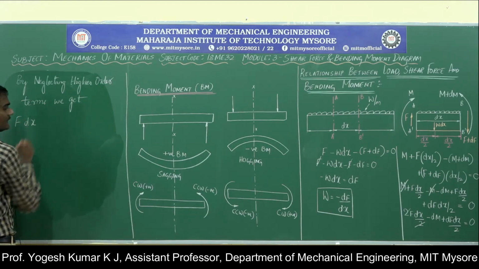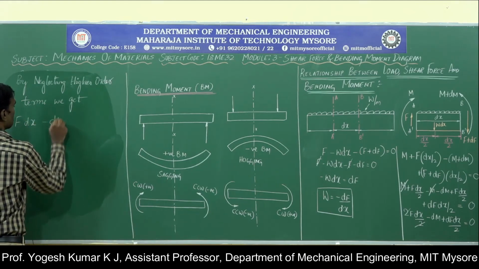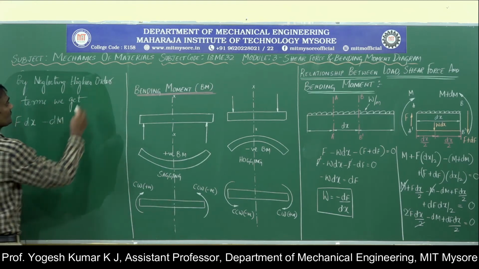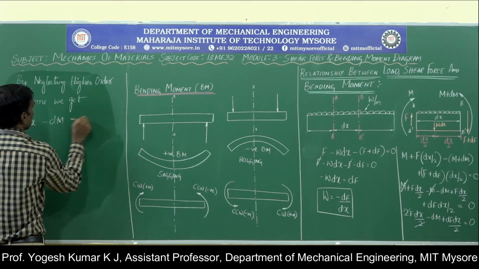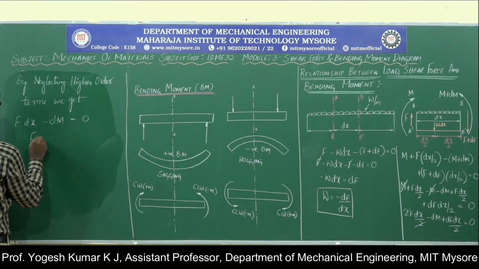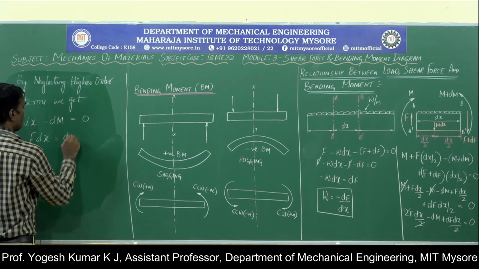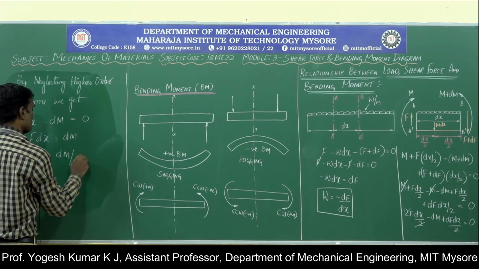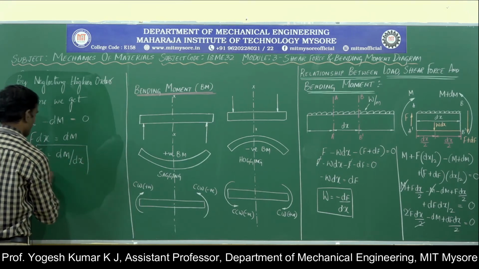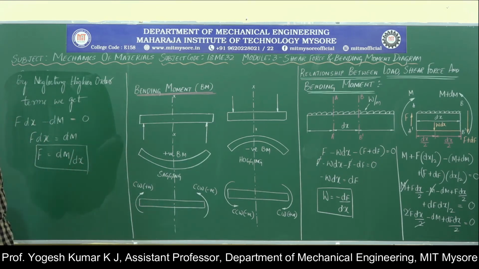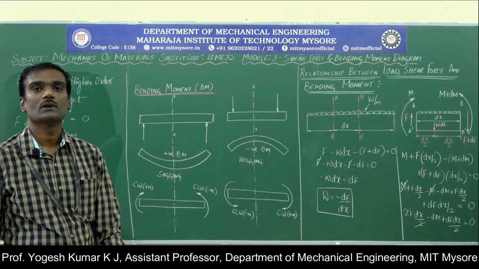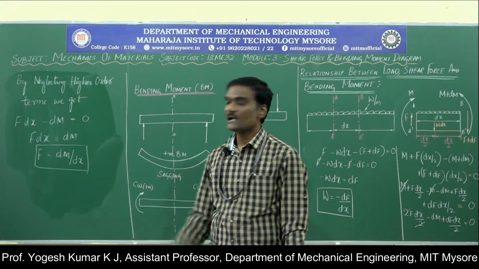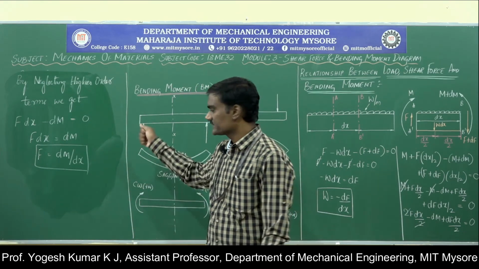We have F dx minus dM. We have neglected dF dx. Then it will be equal to 0. So can we just rearrange them? So F equals dM by dx. So shear force equals the rate of change of moment with respect to the length. So we have established a relation for shear force and moment.